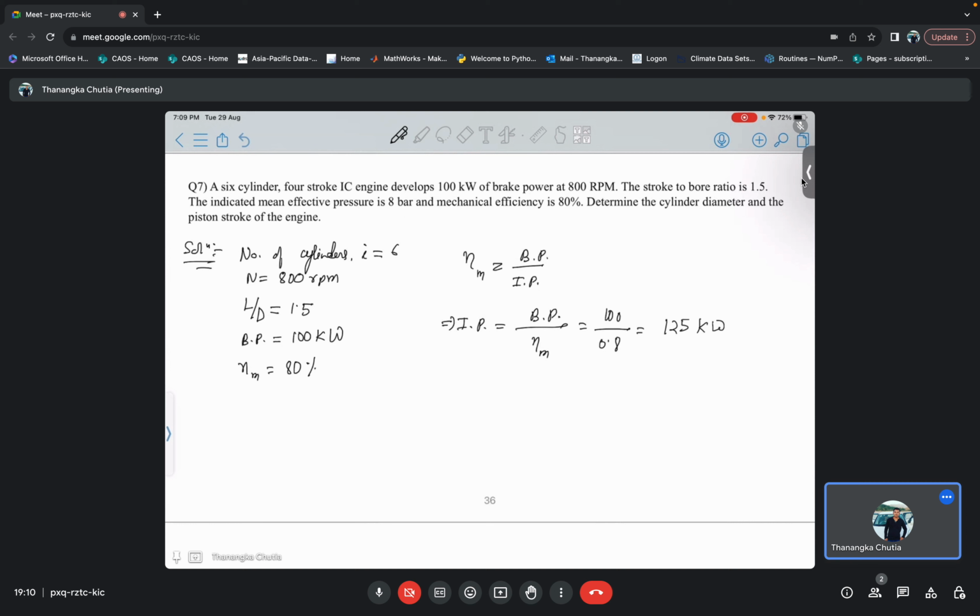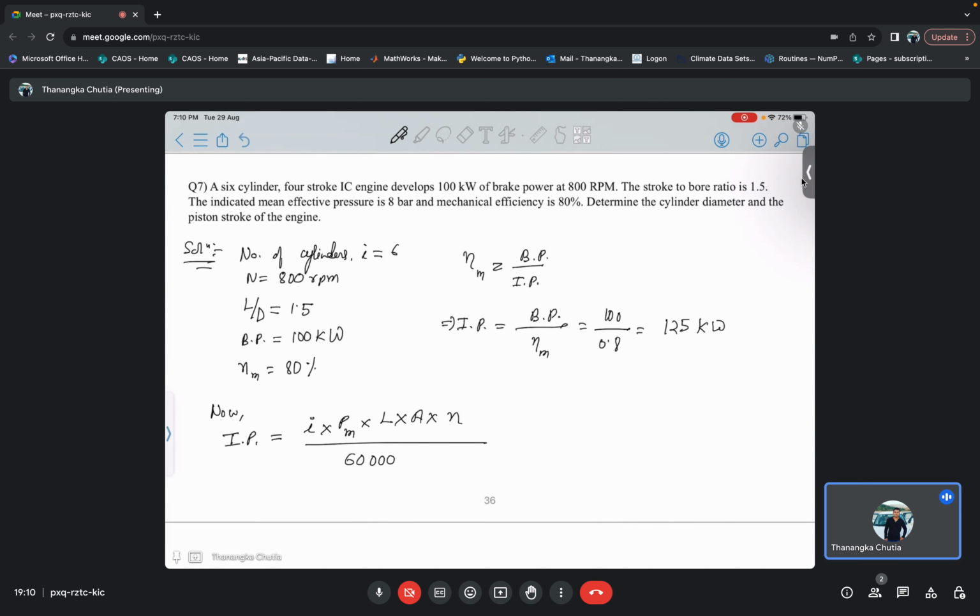Now indicated power is equal to what? Number of cylinders into mean effective pressure PM, into length into area into small n, divided by 60,000.